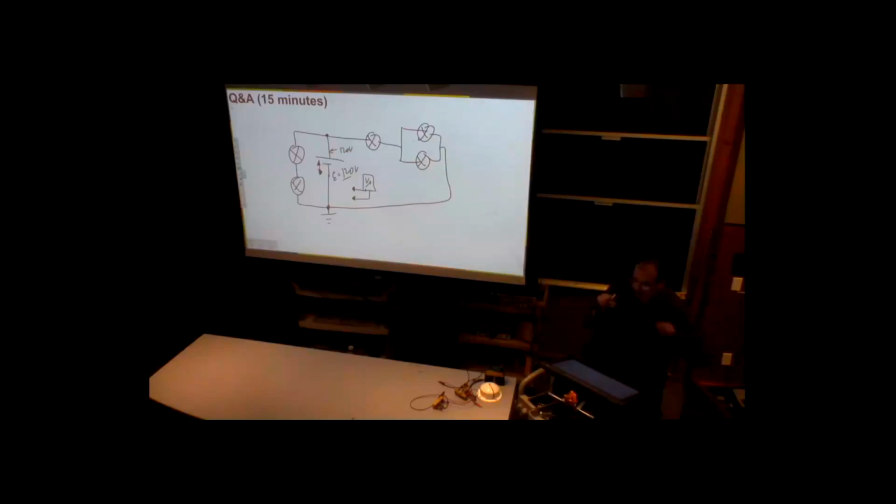And potential, it doesn't travel, but it changes. How? Well, a wire doesn't change electric potential because a wire has no resistance. And this potential will be equal to 120. This potential will be equal to 0.